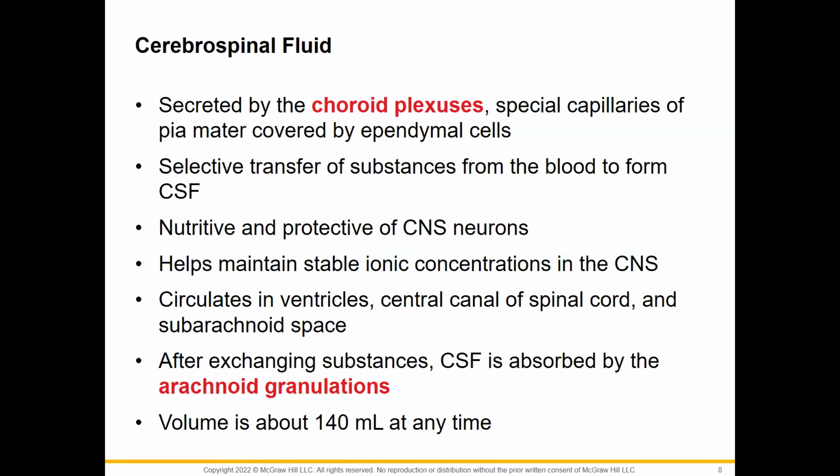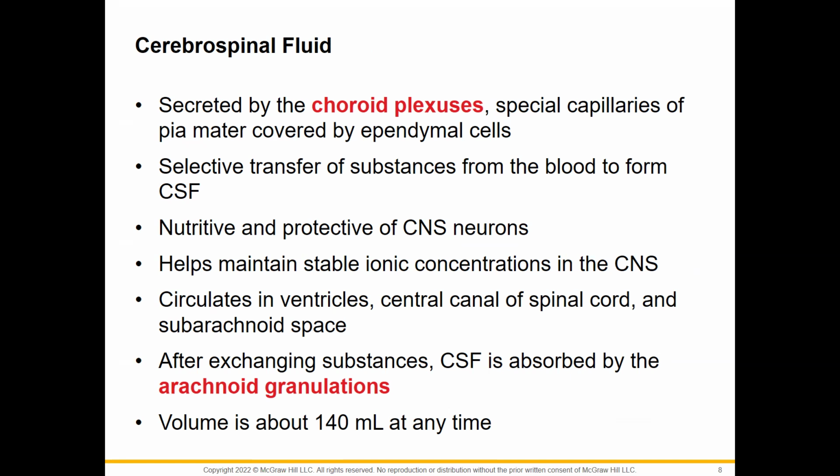Remember in the previous chapters, we talked about neuroglia. Neuroglia are cells that support the neurons in the nervous system. The neurons are the main players of the nervous system, but the neuroglia are cells that support the neurons.